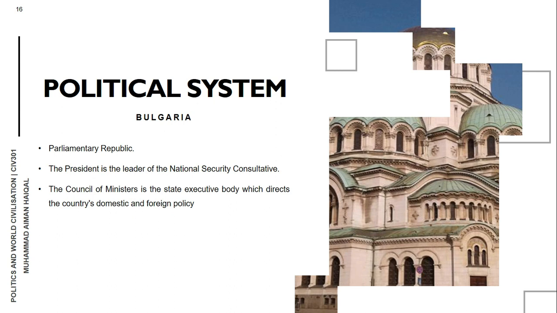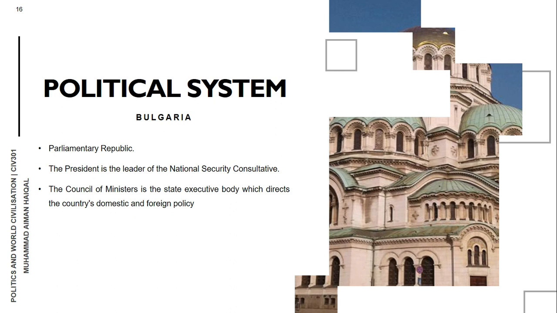The president is the leader of the National Security Consultative Council and may table a bill for further discussion. Although he is unable to enact legislation, the Prime Minister is the President of the Ministerial Council and the primary branch of the executive.